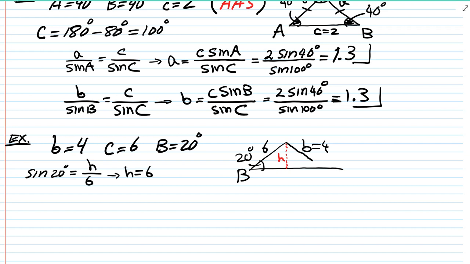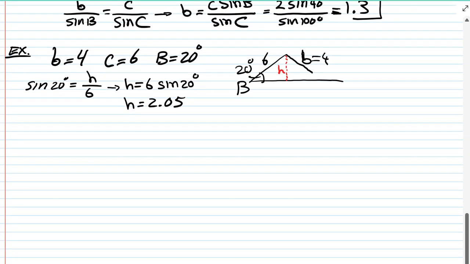From this, we get h is 6 sine 20. Now, sine of 20 degrees, you've got to use a calculator on this one, right? And I did, and I got 2.05. So that's the minimum tolerance to even have a right triangle. b is 4, so we're good. We definitely have a triangle.